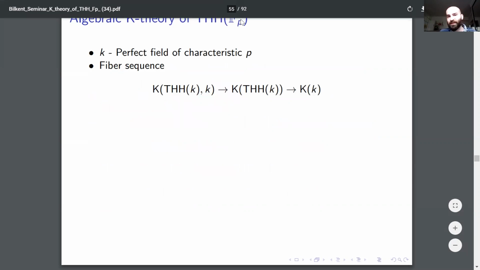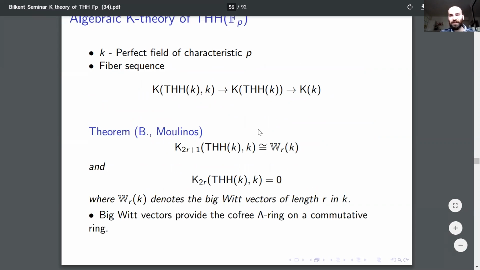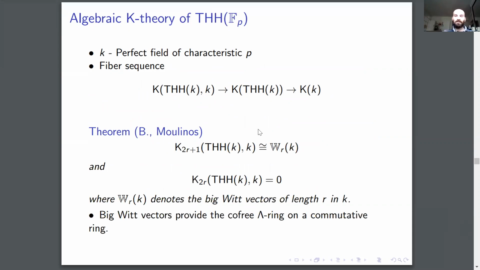But you see in our title, we say THH of F_p, so maybe that's the base case we care about. Somehow these things often generalize from F_p. The Witt vectors come into play very often in these algebraic K-theory computations, and they come into play in the spectral sequence computations.